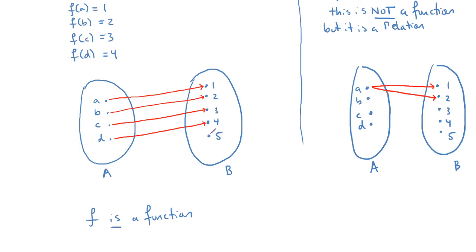Did you see that the number 5 wasn't hit, but we still had a legitimate function? So the range would actually just be the numbers 1, 2, 3, and 4. Those are the collection of outputs. Those are the things that are hit, while the codomain is just where the outputs live, which would be this B set here. So in general, it's bigger.